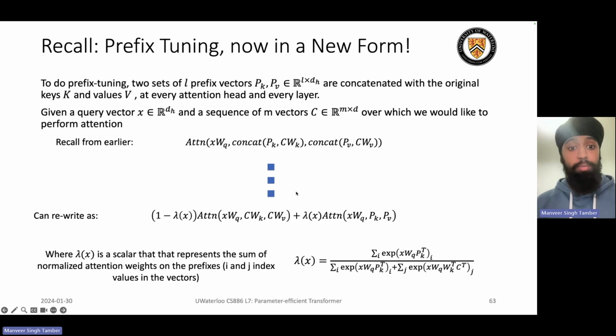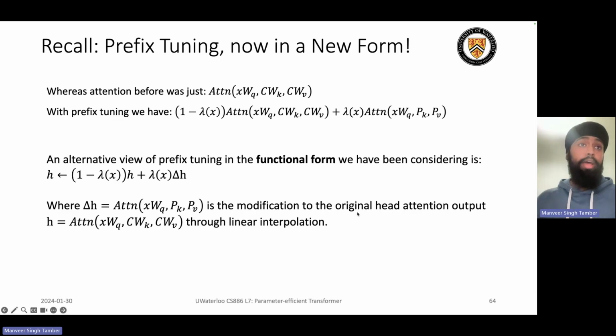Now, this statement can actually be rewritten as this. I've skipped a few steps, but basically it takes on this form, where lambda(x) is a scalar that represents the sum of normalized attention weights on the prefixes, and in this formula, i and j index values in the vector. Attention before was just in this form, right, with the queries, keys, and values.